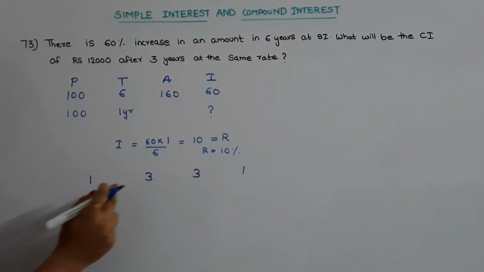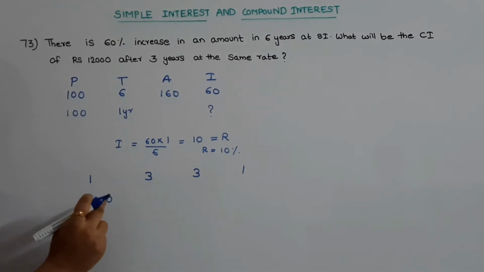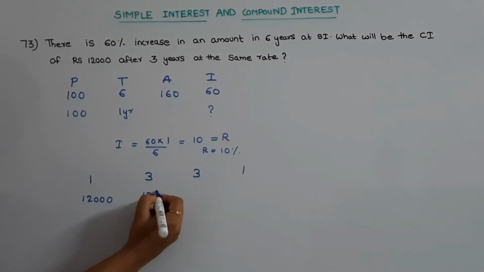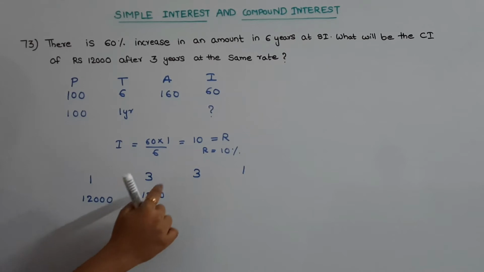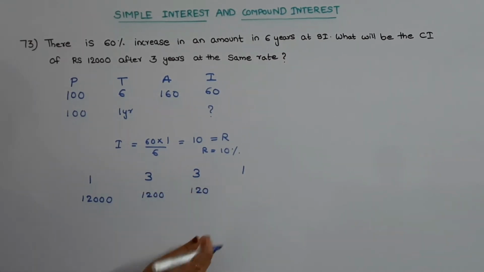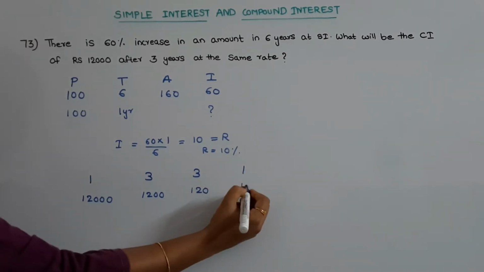Then below this 3, this 12,000 into R by 100. That is 12,000 into 10 by 100. That is equal to 1200. Then below this 3, this value into 10 by 100. So 1200 into 10 by 100 will be 120. Then here this 120 into 10 by 100. That will be equal to 12.